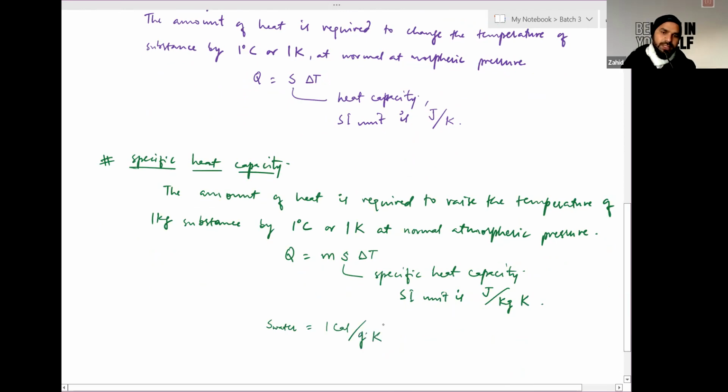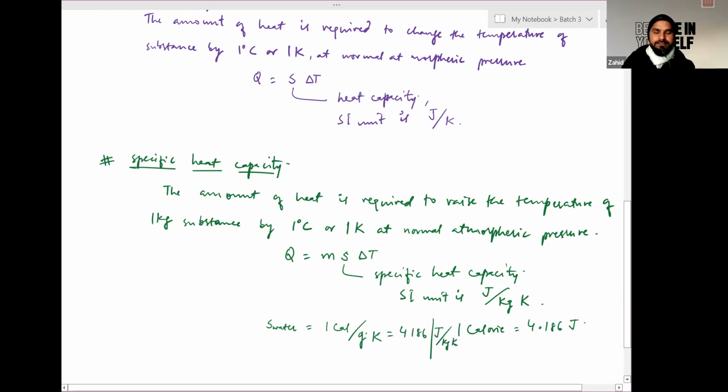If you want to convert to joules, 1 calorie equals 4.186 joule, so we may write it as 4186 joule per kg per Kelvin.